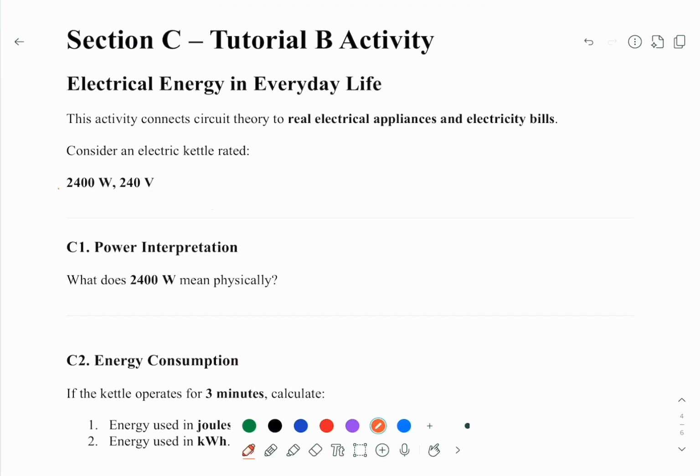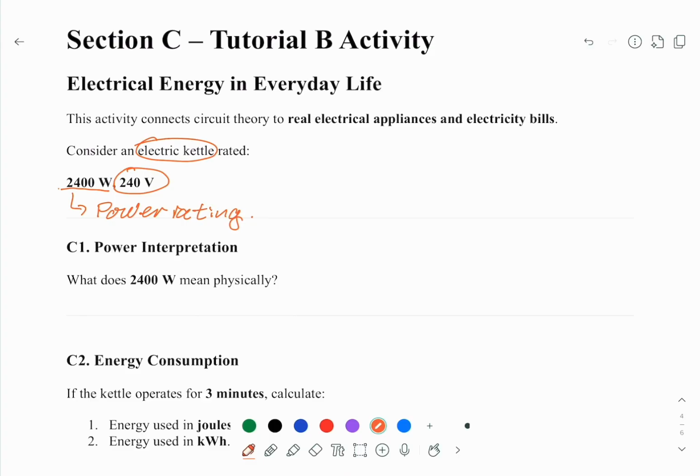Let's look at a real-life example. Here we have an electric kettle. It says 2,400 watts. This number is also called the power rating of the electrical appliance. And the voltage is 240 volts.